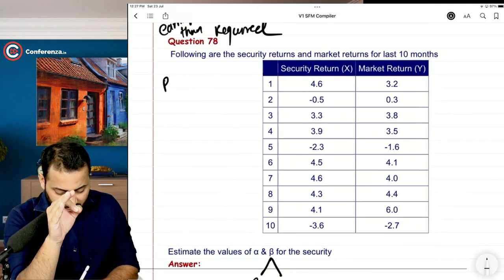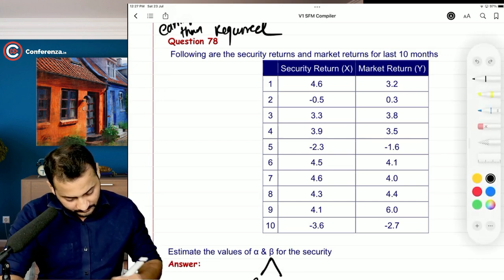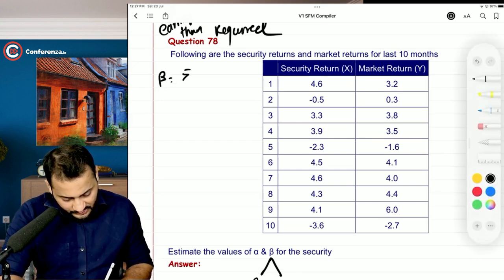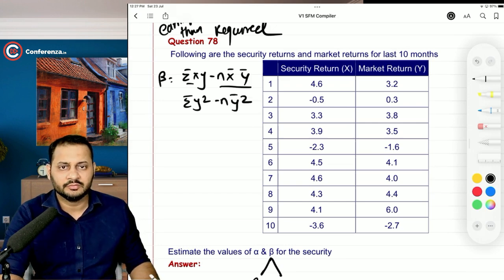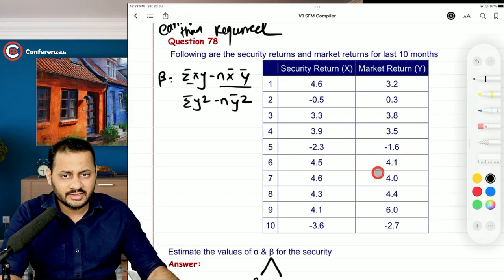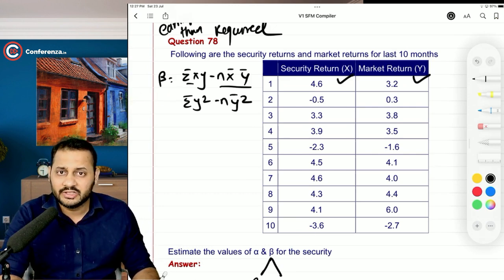According to regression analysis, beta is equal to summation of xy minus n bar x bar y divided by summation of y square minus n bar y square. So what is x and what is y? X is the security and y is always the market.